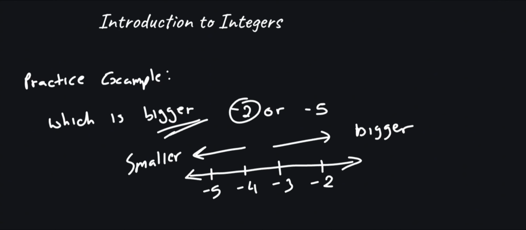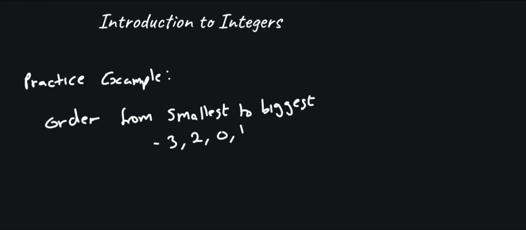Let's try another one. It says order them from smallest to biggest. Again, we would need to bring out our number line, and we know for sure that 0 is right in the center. 0 is the middle term. All positive numbers go towards the right. All negative numbers go towards the left. So this would be 1, and then 2 would go here.